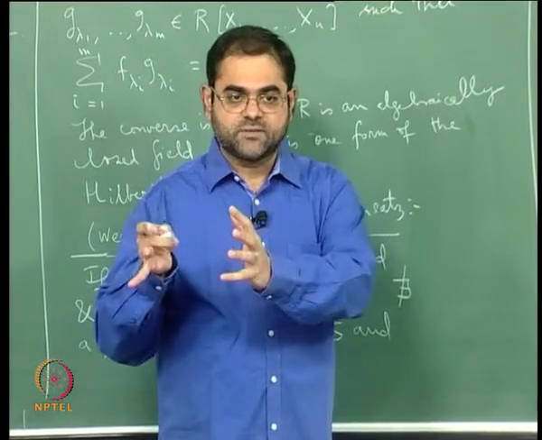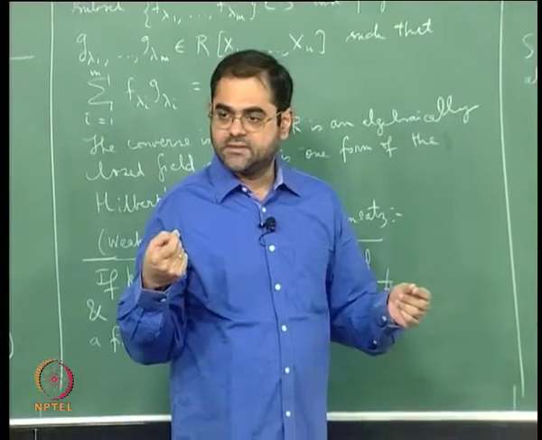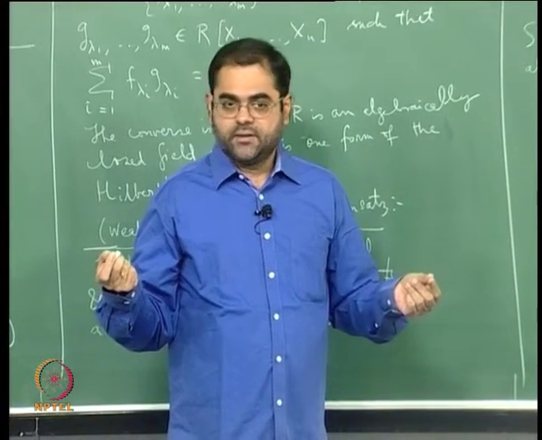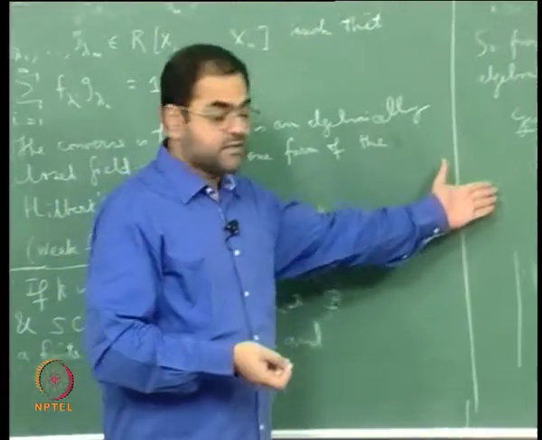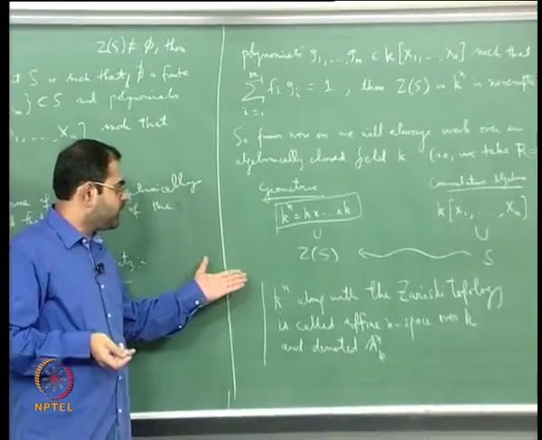Therefore the set of points where the function is 0 is exactly the inverse image of the point 0, and that has to be closed, okay. So it agrees with our usual intuition. So the idea is to give the Zariski topology in that way, okay. So we will look at that in more detail in the next lecture.